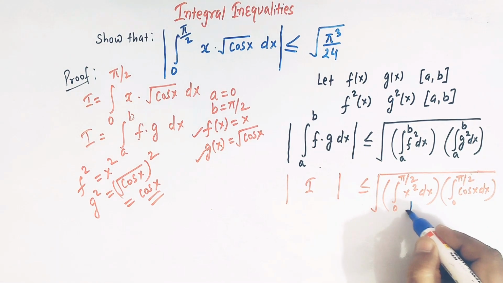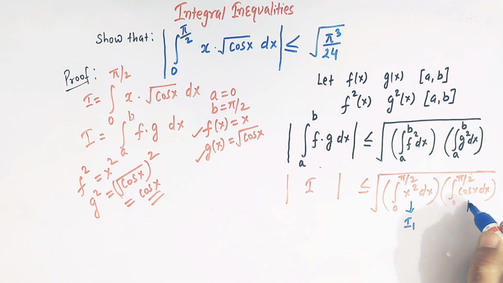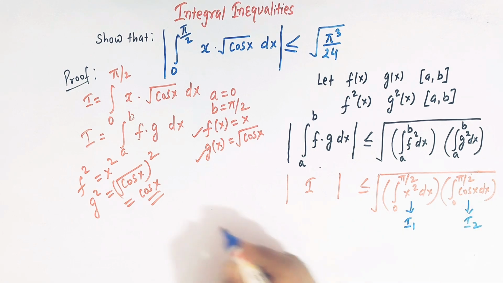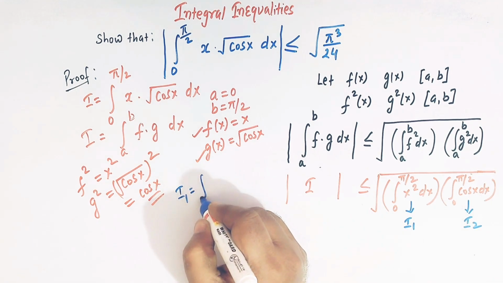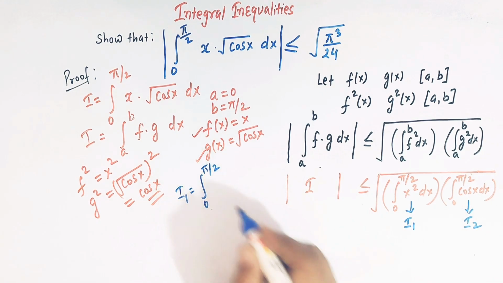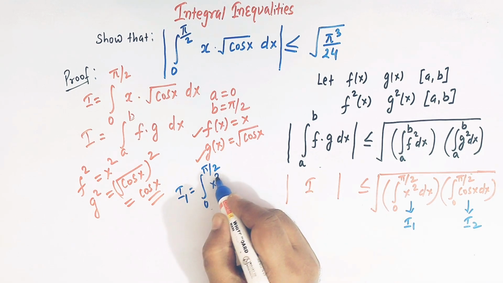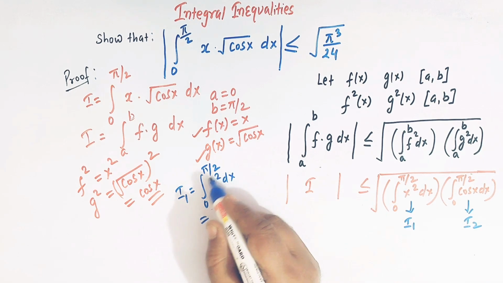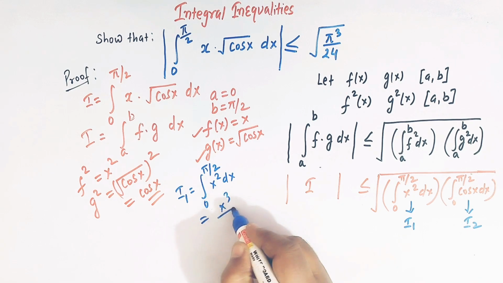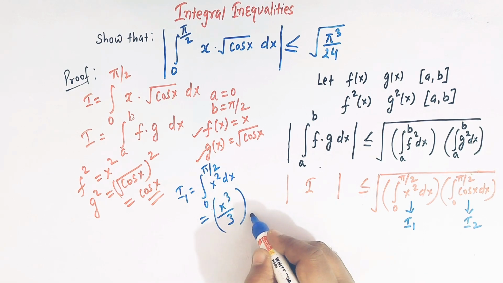So now let us take this integral as I1 and this integral as I2. So I1 is the integral from 0 to pi by 2 of x squared dx. The integral of x squared is x cubed over 3, and here the limits are 0 to pi by 2.